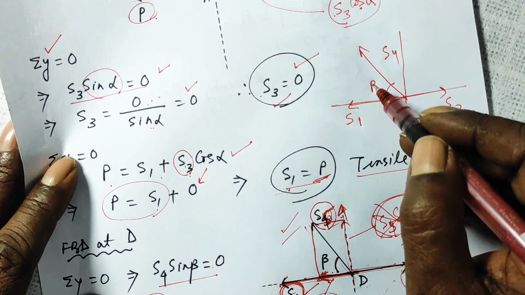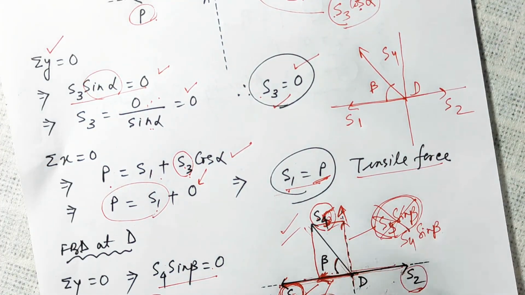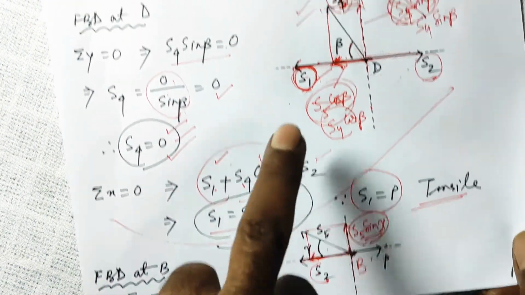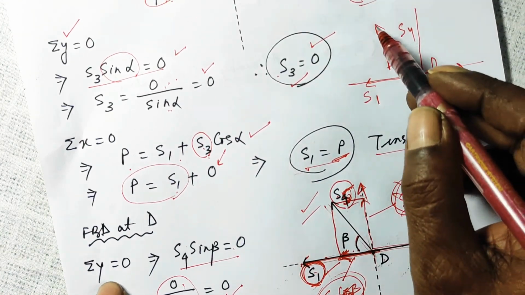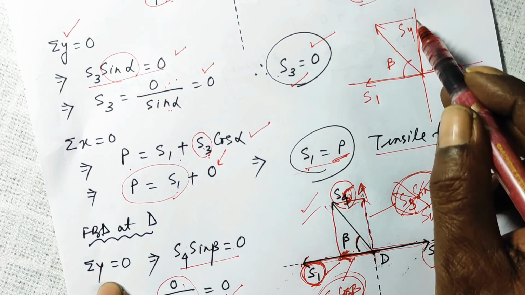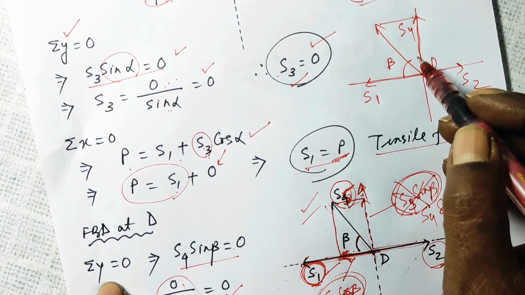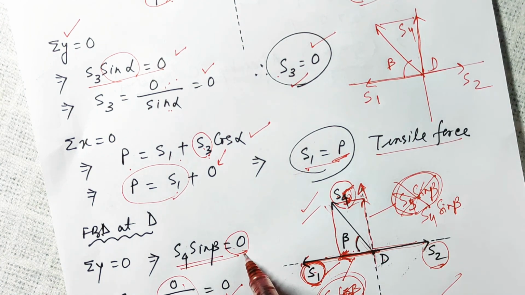This angle was beta at point D. Let me repeat because things went wrong here. While explaining, I was supposed to explain with this diagram, but I shifted here. So here the component of S4 along the y-axis will be S4 sine beta, that is what is equal to 0.